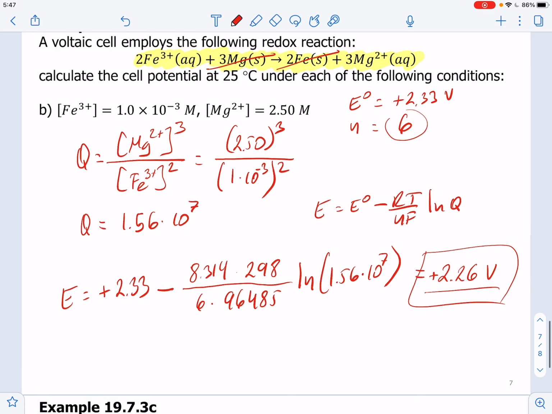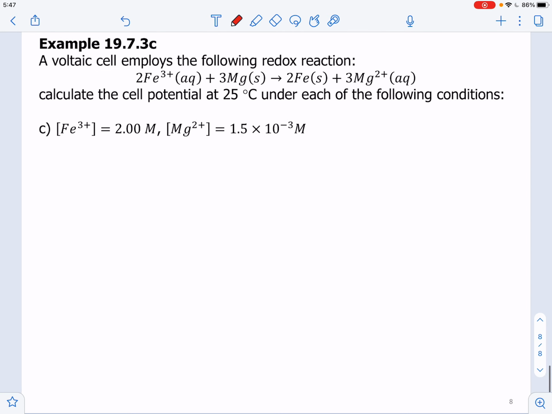Now, what if we go the other way around? What if we have a larger concentration of iron and a smaller concentration of magnesium? So the data that we were using before in terms of the standard potential is still the same, plus 2.33. There are still 6 electrons being transferred, but now we have to recalculate Q because now we have different concentrations.